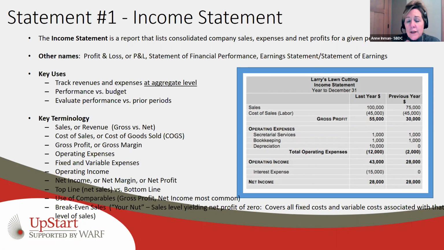Okay, so a couple other things I want to point out before we move on here. So what do we do with this thing, right? We use this to look at how we did versus our budget and how we did versus a year ago, but we can also use this for some great comparables. When we talk about comparables, we may want to compare ourselves to some industry norms, for example. And the lines we really want to focus on for that, you'll typically see gross profit compared to industry norms, and then of course bottom line or our net income is something that we may compare to industry norms.